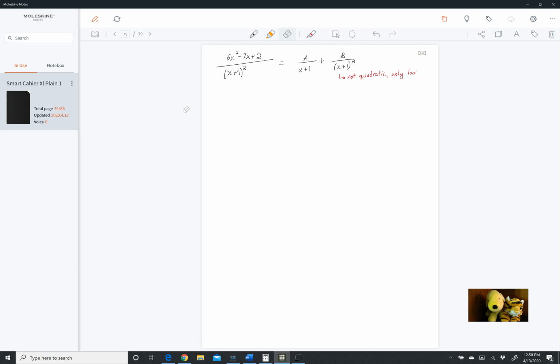You're only looking at what's inside the parentheses. So we need the common denominator to be x plus 1 squared.